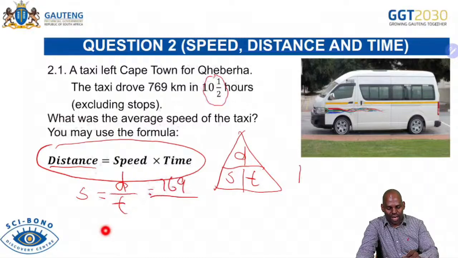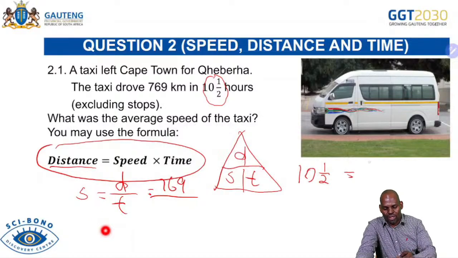So if you've got 10 and a half, if you want to convert it to a decimal fraction, first convert it to an improper fraction. You say 10 times 2, you get 20, and then 20 plus 1, you get 21. So this is the same as 21 over 2. Then 21 over 2, on a calculator, is going to give you 10.5.